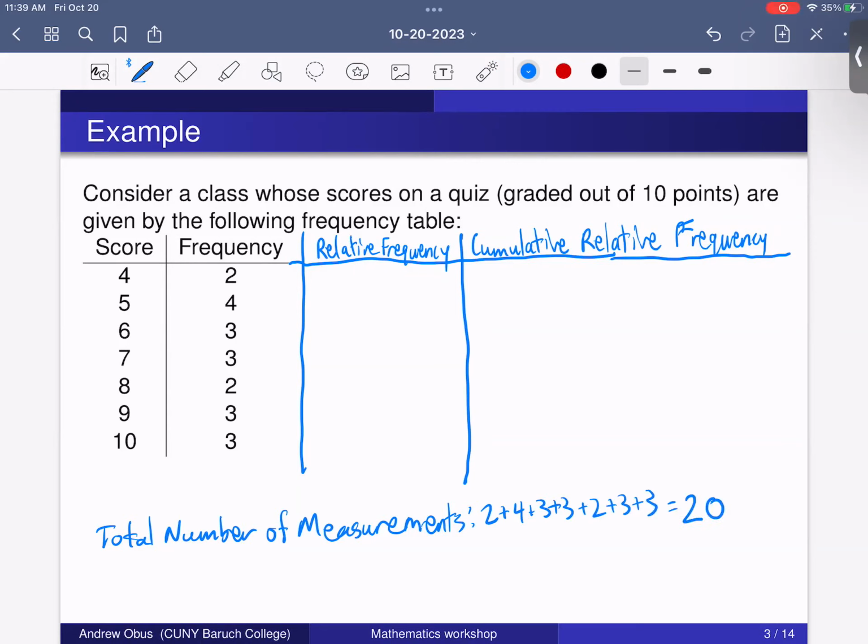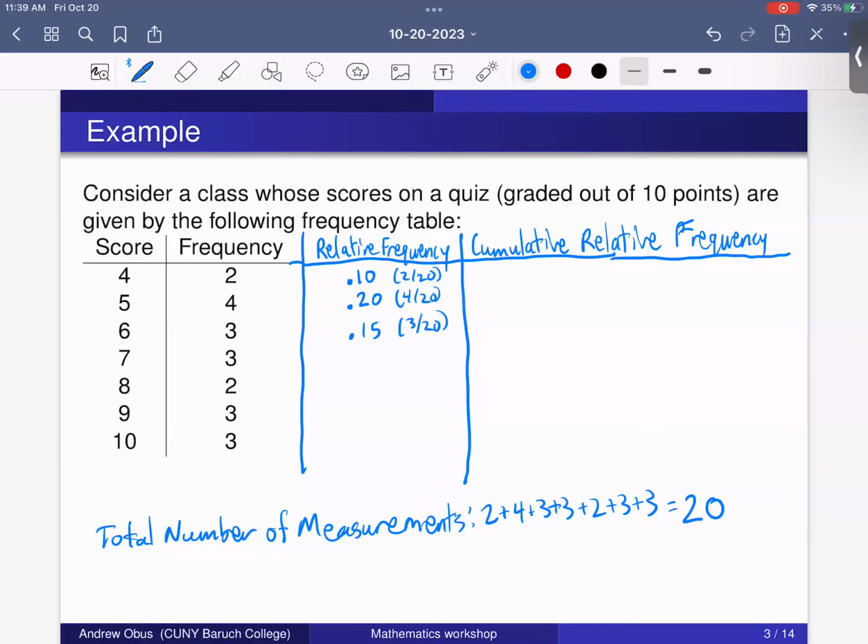Okay. So for each relative frequency, right, we have to divide the absolute frequency by the total number of measurements. So we get the relative frequency by dividing everything by 20 over here, right? So here we have 2 divided by 20 is 0.10, 4 divided by 20 is 0.20, right? 3 divided by 20 is 0.15.